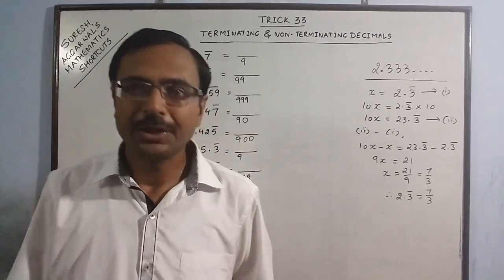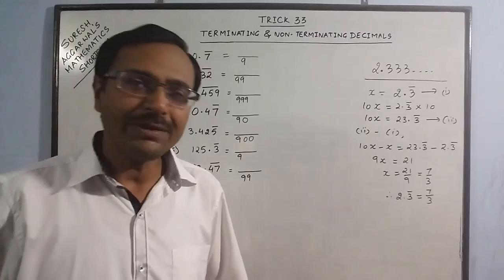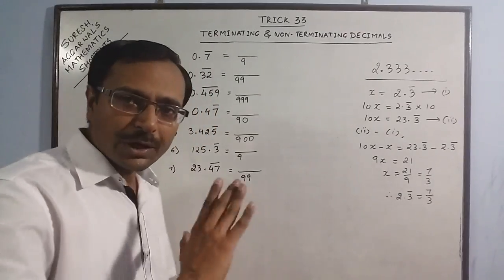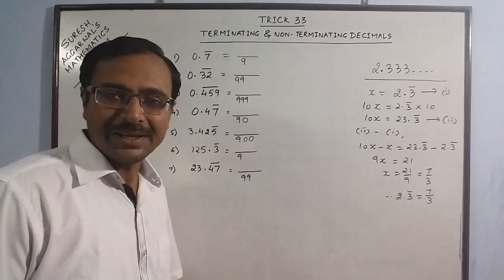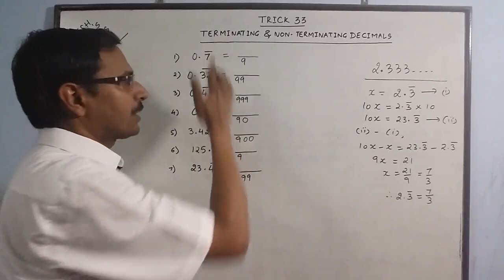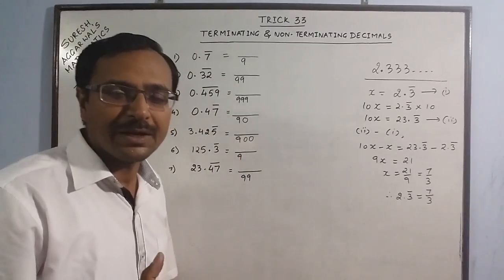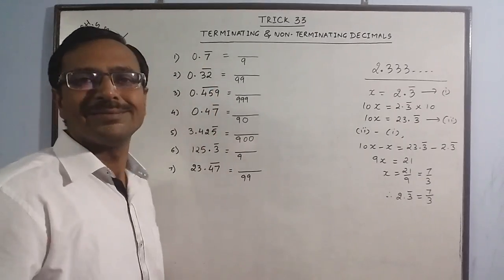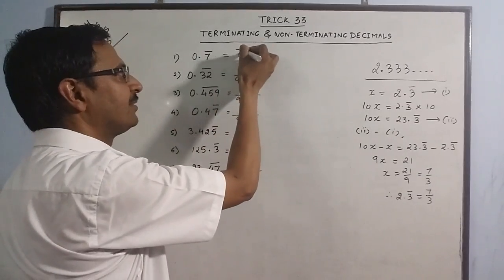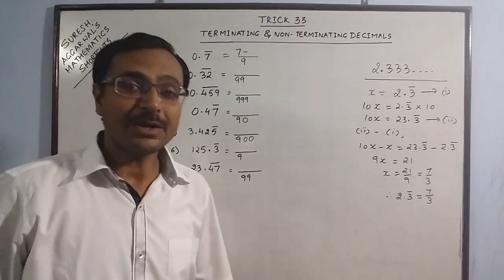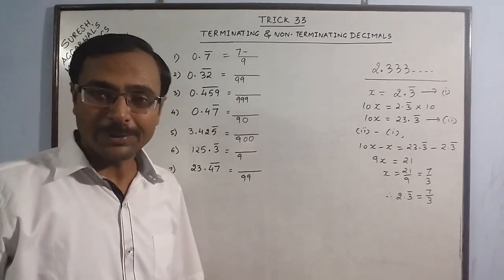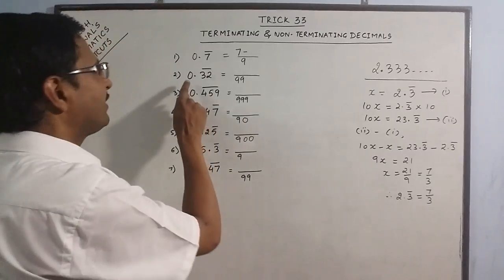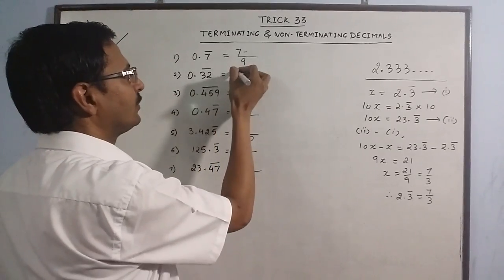Now coming to the numerator part. When we have to find the numerator, in the first step we forget the decimal. Like 0.7 bar, if I forget the decimal and the bar, it becomes 07, and that is 7. So the first part of the numerator is obtained by forgetting the decimal and the bar. Here we have 032, so 32.